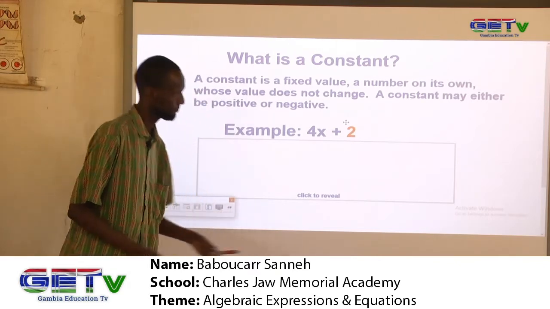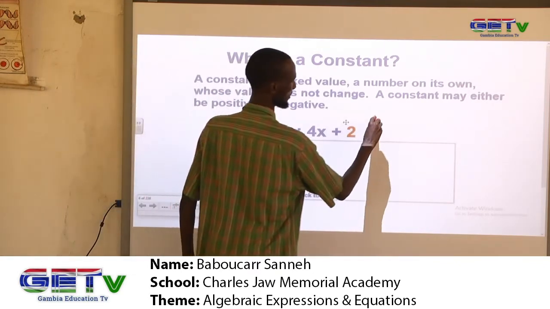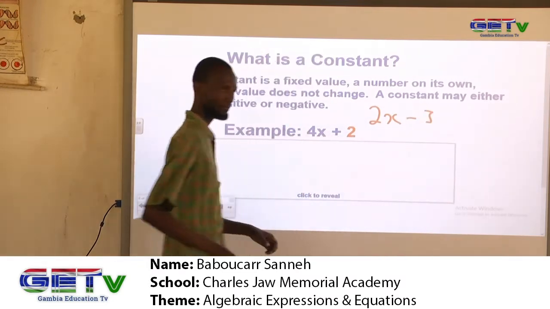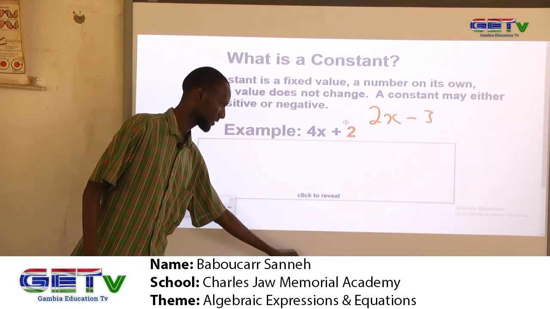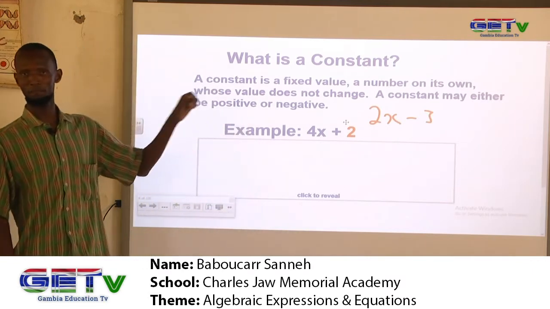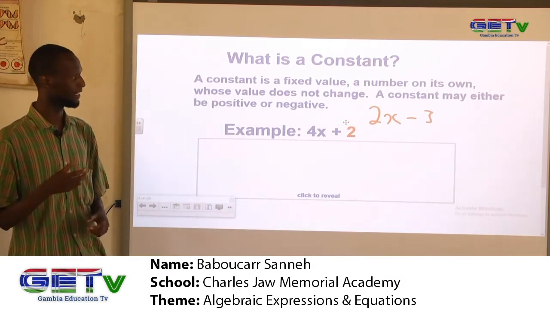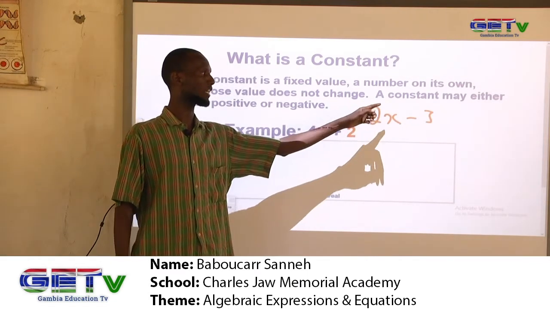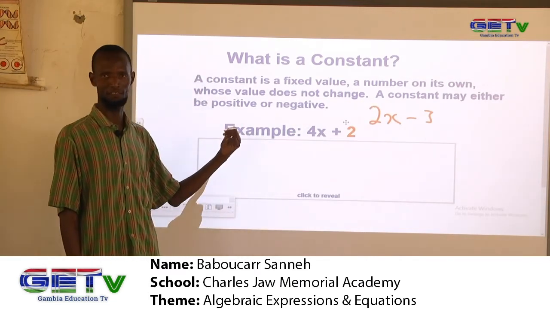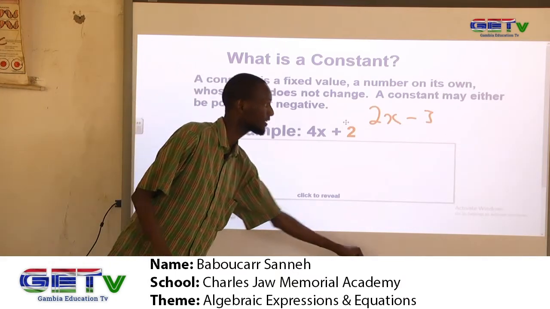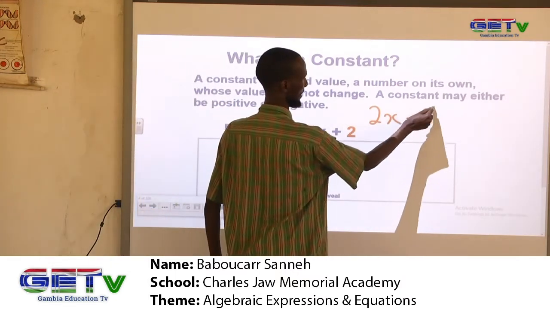What if I had, let's say, 2x minus 3? Again, going by our definition, it should be the number that stands alone. But again, remember, we said a constant may either be positive or negative. In this case here, our constant is all of this.